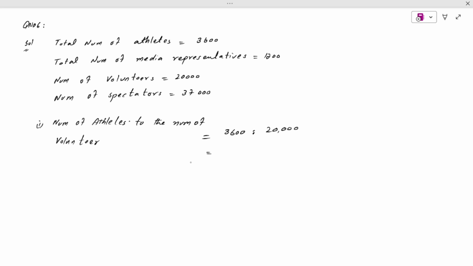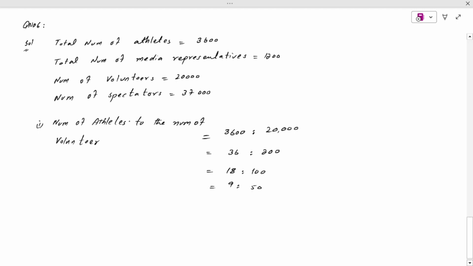Simplifying this ratio, we get 36 ratio 200, and simplifying further we get 18 ratio 100, and further simplifying we get 9 ratio 50 by using the table of 2. So this was part 1 of question number 6.